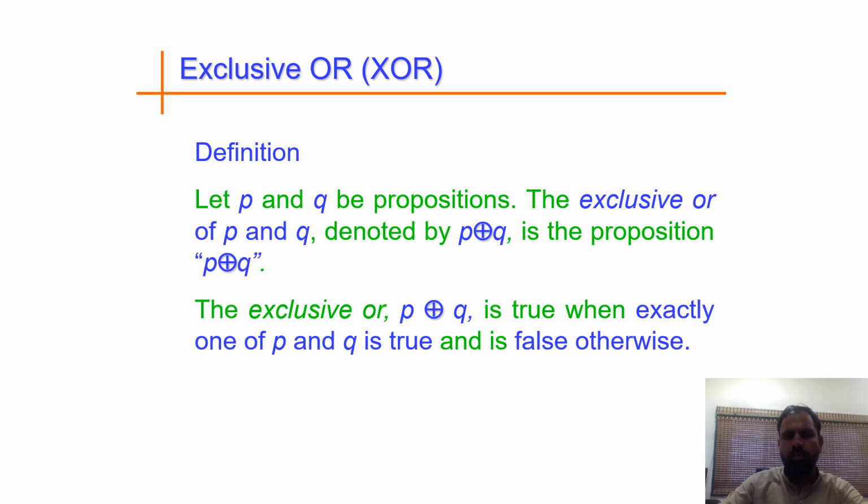If both are true it is false; if exactly one is true, then it's true.